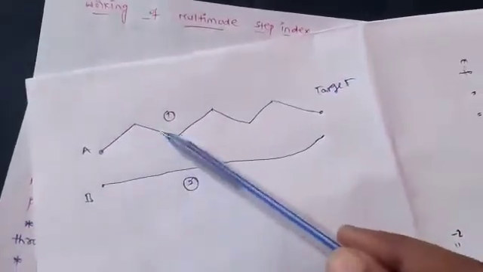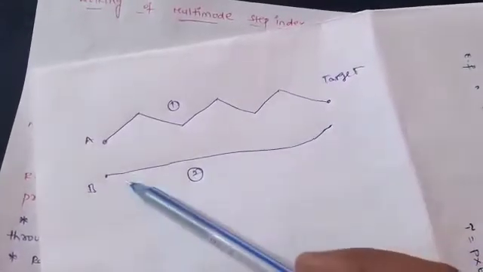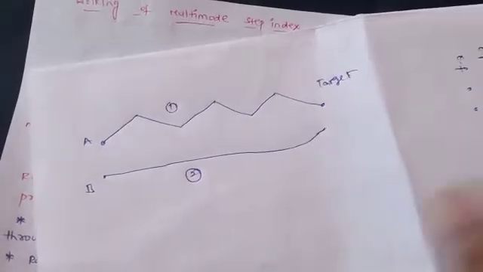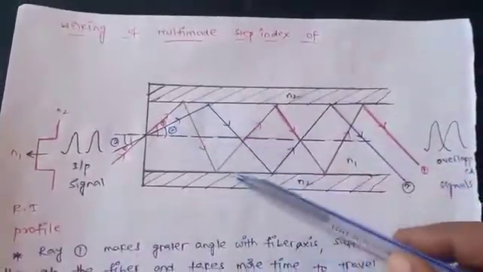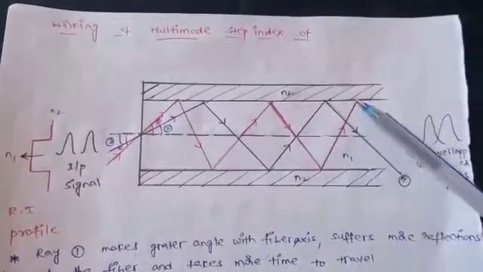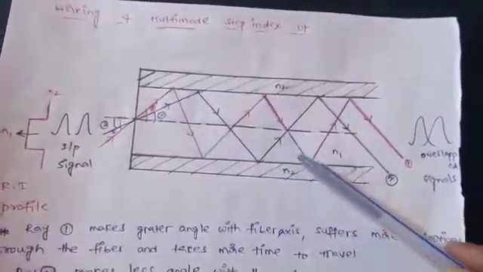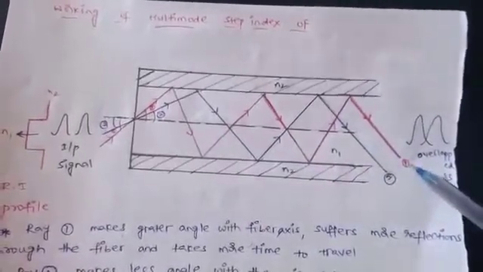Here A is traveling more distance, that's why it comes late. B travels less distance, that's why B comes first. In the same way, here ray 1 suffers more number of reflections, so ray 1 travels more time inside the fiber. That's why it comes late.